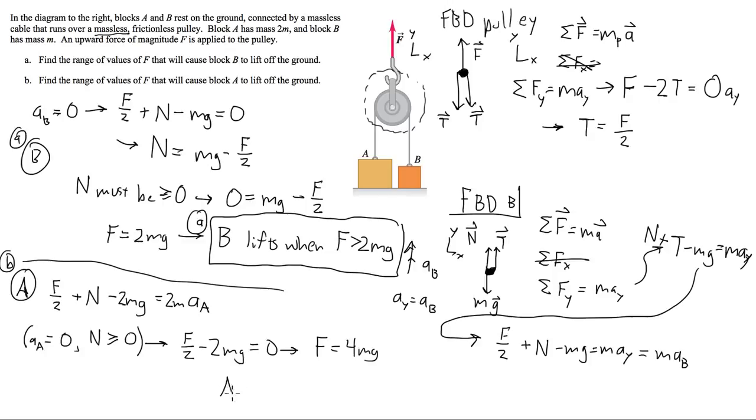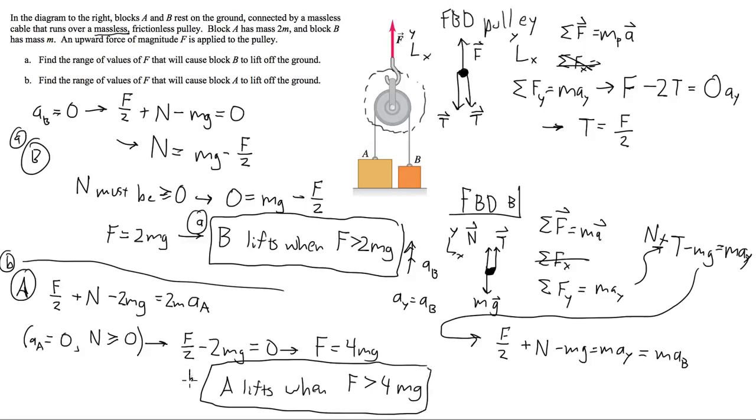So the answer is that A lifts when F is greater than 4mg. I apologize, this is horribly done, but there's your answer. Anyway, that's that problem.